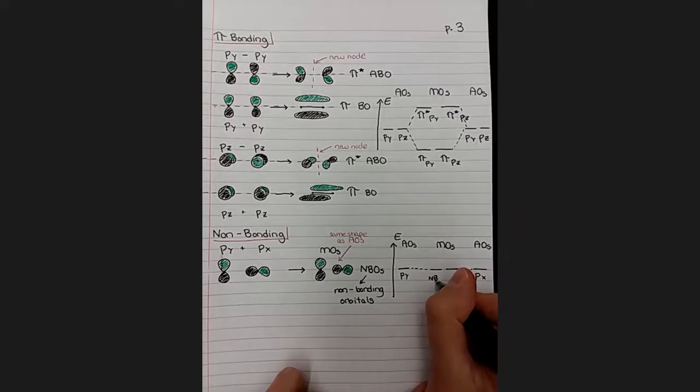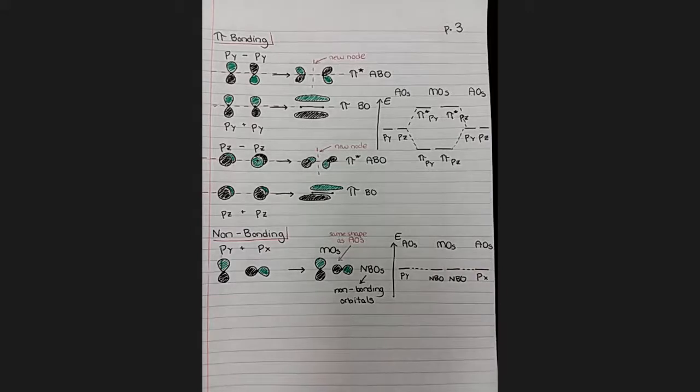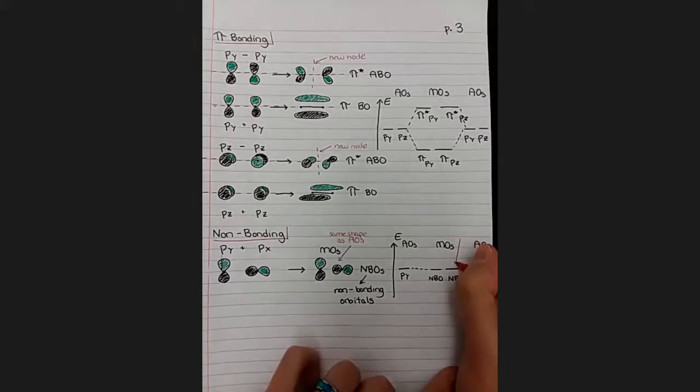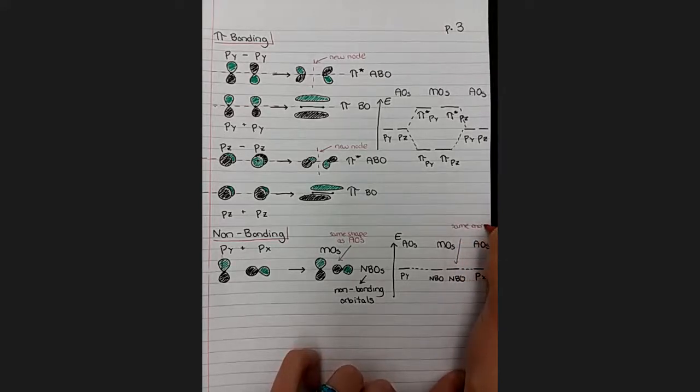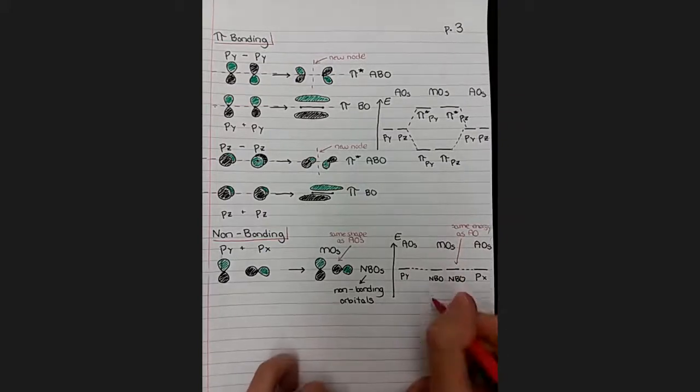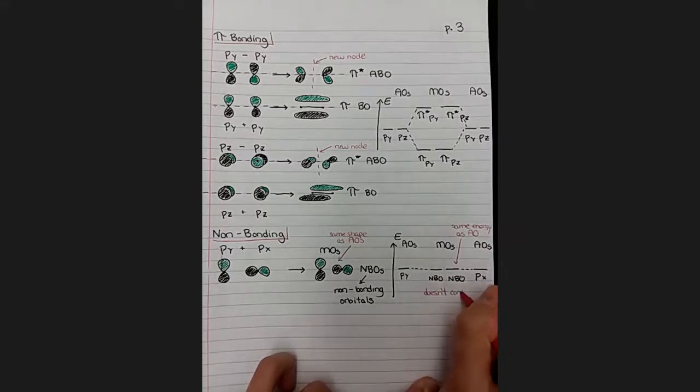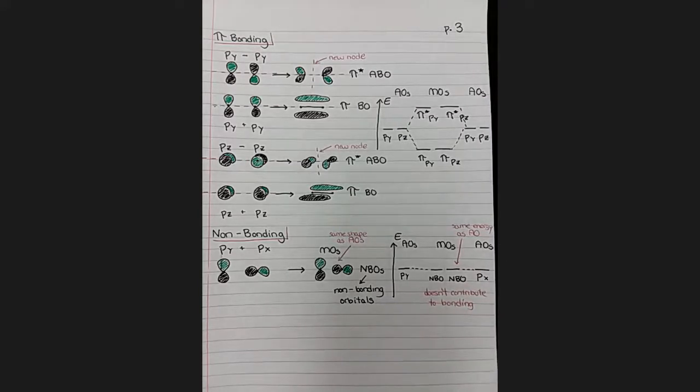So both of these are going to be non-bonding orbitals. Each of these molecular orbitals has the same energy as the atomic orbital that it was formed from. But non-bonding orbitals don't contribute to bonding. Sometimes they hold lone pairs, sometimes they're empty. They're just kind of there, not getting in the way, not causing problems.